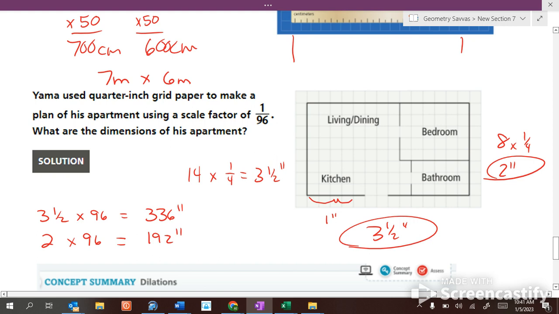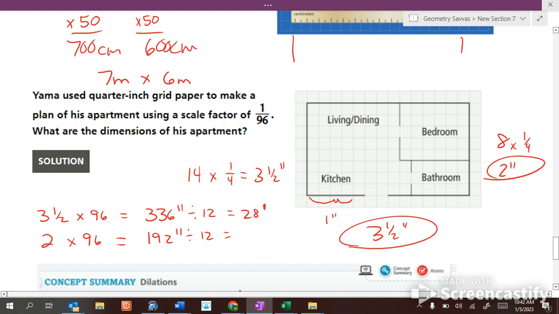192 inches. Now, we don't talk about things, especially room dimensions, in terms of inches. We talk about them in terms of feet. So how many inches are there in a foot? 12. Divide both of these by 12. What's 336 divided by 12, Savannah? 28.